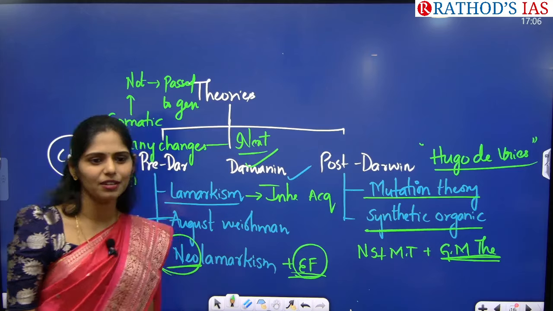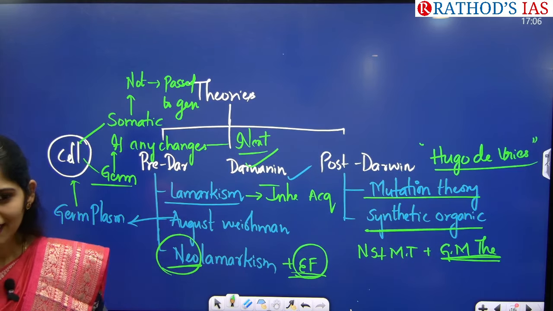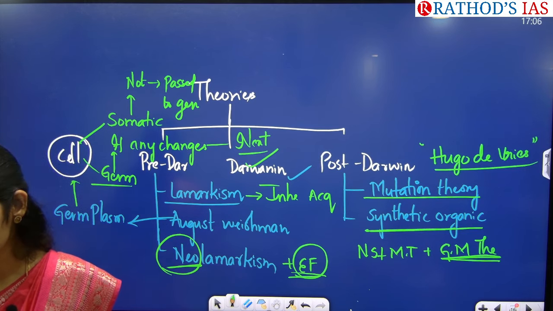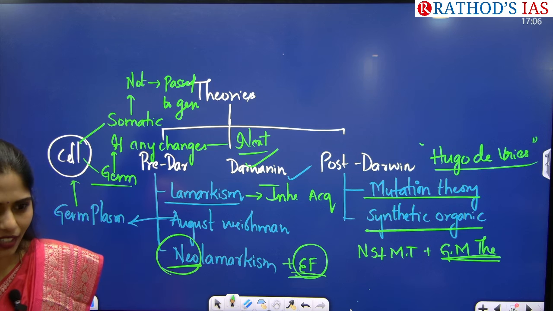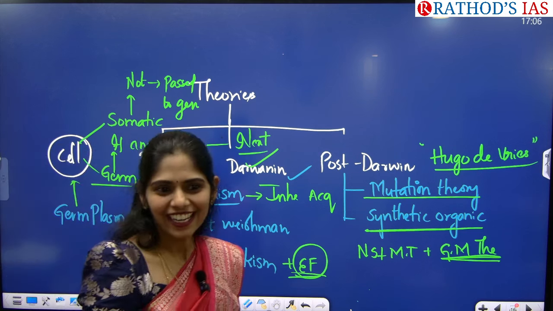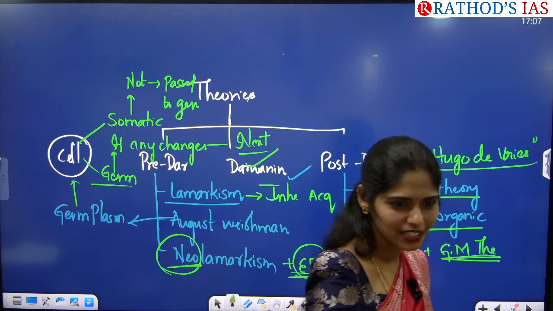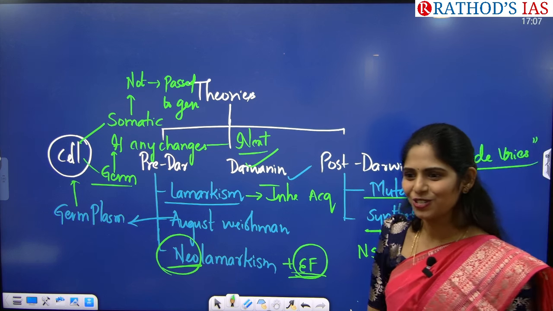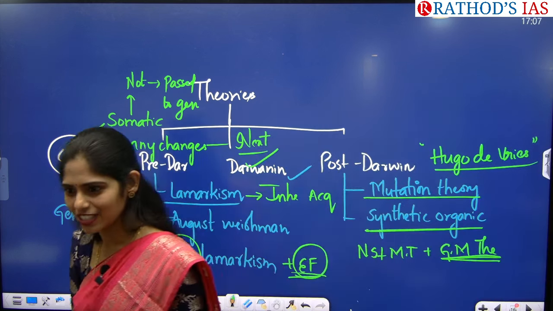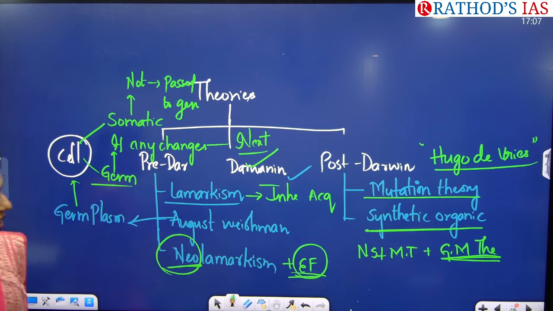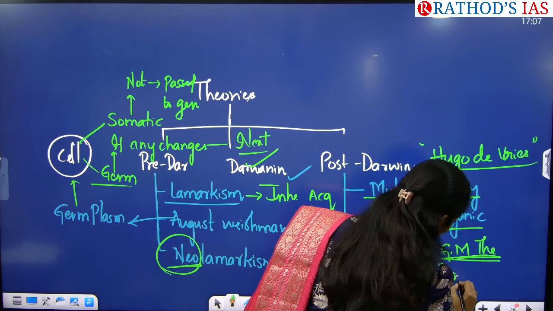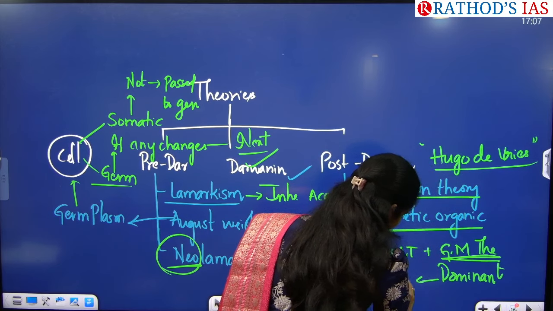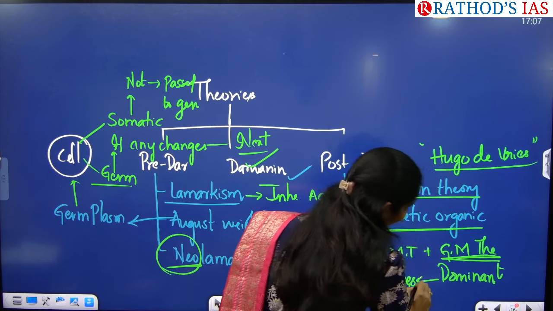So who is this Gregor John Mendel? If you are from BiPC, you might know about this. He was a scientist who did experiments on pea plants. Pea is botany, green color, yellow color. On these plants, he did research, and in that research, he found that only the dominant gene will be expressed in the next generation, not all genes.